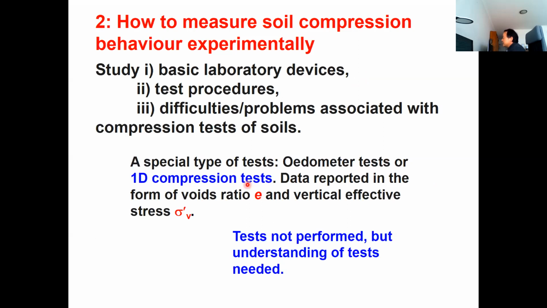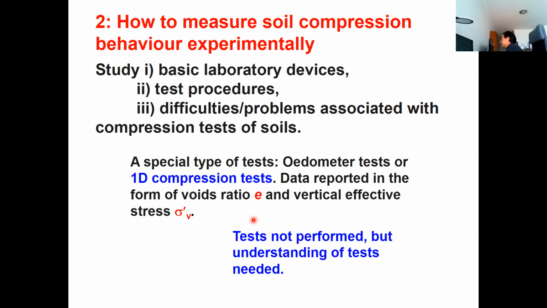Now, there is a special kind of test for compression. It's called the oedometer test. It is one-dimensional compression. When you are doing the oedometer test, the data used is the void ratio and the vertical effective stress.